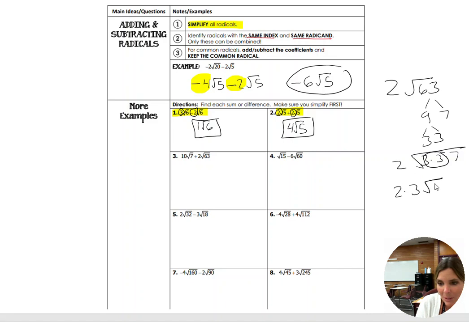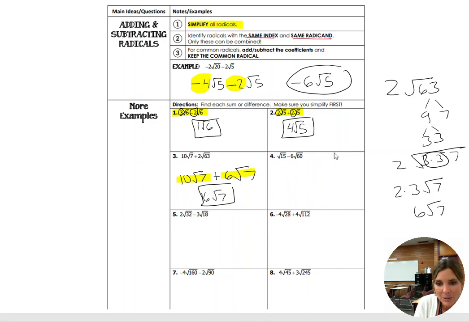So 2 times 3 root 7 is 6 root 7. Okay? And if you guys put that in your calculator as 2 root 63, then you are going to see that that simplifies to 6 root 7. Now, both of these have been simplified, so we combine the coefficients. 10 plus 6 is 16, and we keep the radical the same.